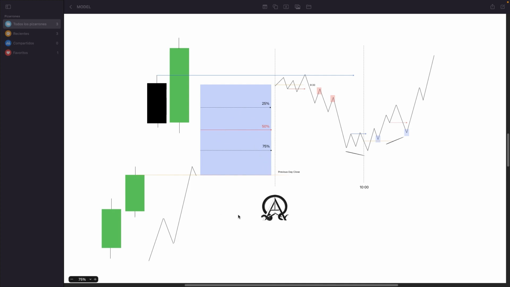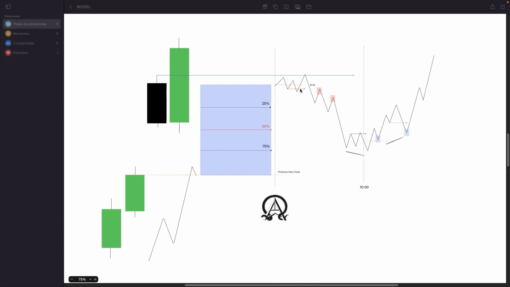Why? Because imagine that price closed here at 100 and gaps 150 points. Every point that price moves above this price level at 9:30, you are trading in premium relative to the previous day close. What does it mean?